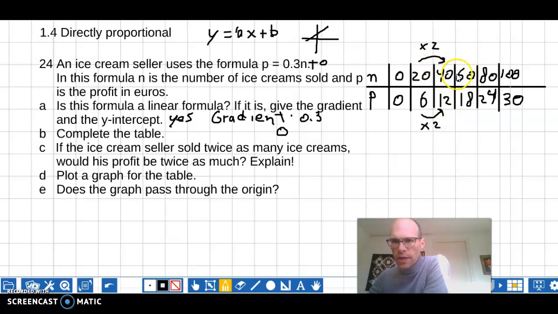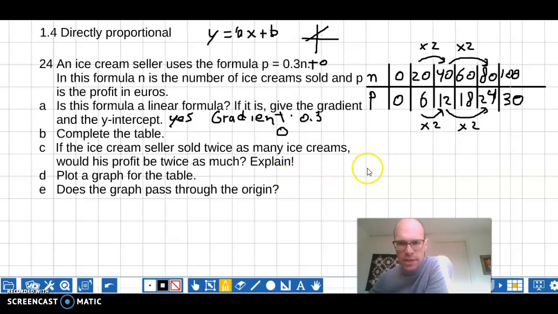Or if I go from 40 to 80, it's multiplied by 2 as well. Then we go from 12 to 24. 12 multiplied by what number is 24? It's 2. Yes, his profit would also be twice as much, because if I multiply the top one, I need to multiply the bottom one to get to the right place in the table.